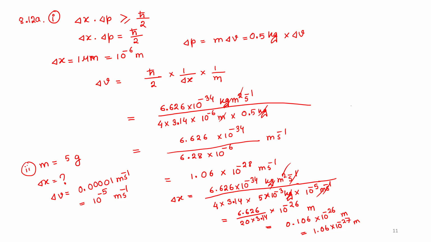But for an electron, for a proton, where the mass is very, very less, that is, in atomic units, 10 to the power minus 31 kgs, that time the uncertainty is going to blow up. That will come maybe in meters, because here it is 10 to the power minus 3 kg and there it is 10 to the power minus 31 kg.